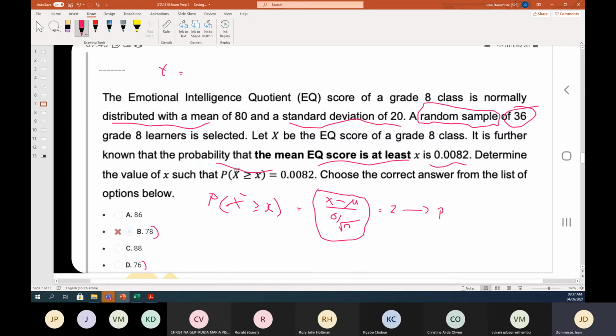Okay, so now they give us the probability. So they give us that, and they want us to work back to that original question nearly. But now we need to not work with the Z, we need to work with the T. So is there a difference in how we calculate the Z and how we calculate the T?